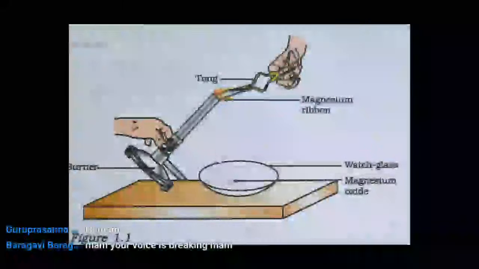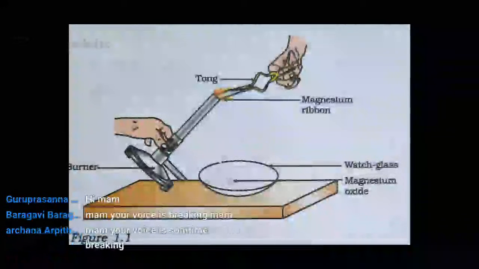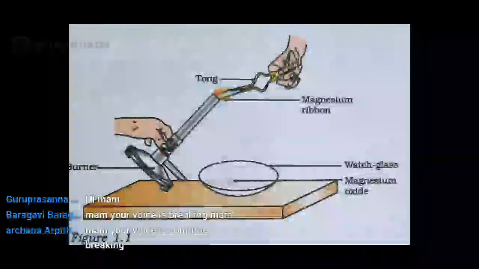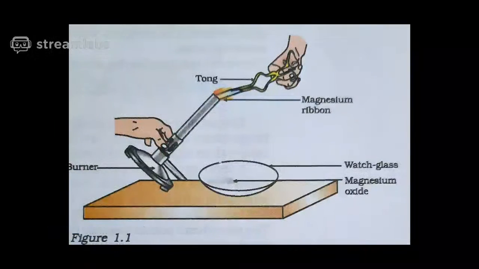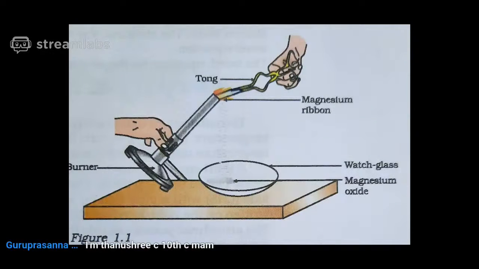When you observe this image, the magnesium ribbon is held with the help of tongs, and when we burn it, it glows in a very bright white light, and then the ash is collected in a watch glass. The ash collected in the watch glass is magnesium oxide.